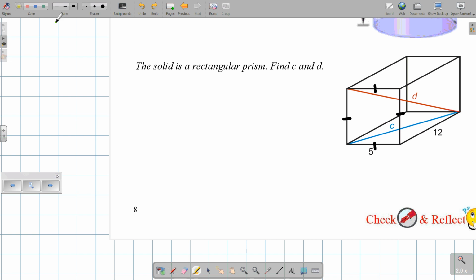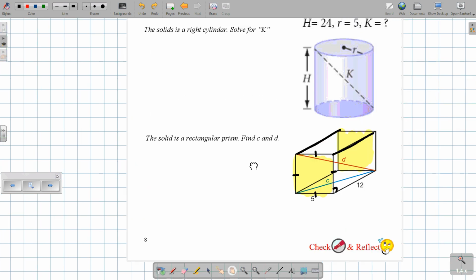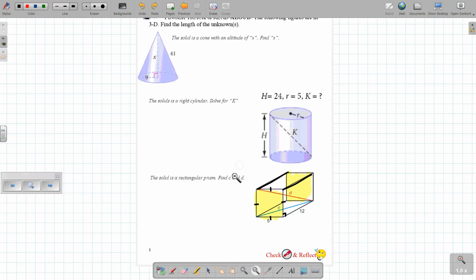So both the front and the back are squares. Every edge that you see, these are parallel, and of course you have right angles at all the corners. So this last page is testing to see your ability to visualize right triangles in 3-dimensional space.